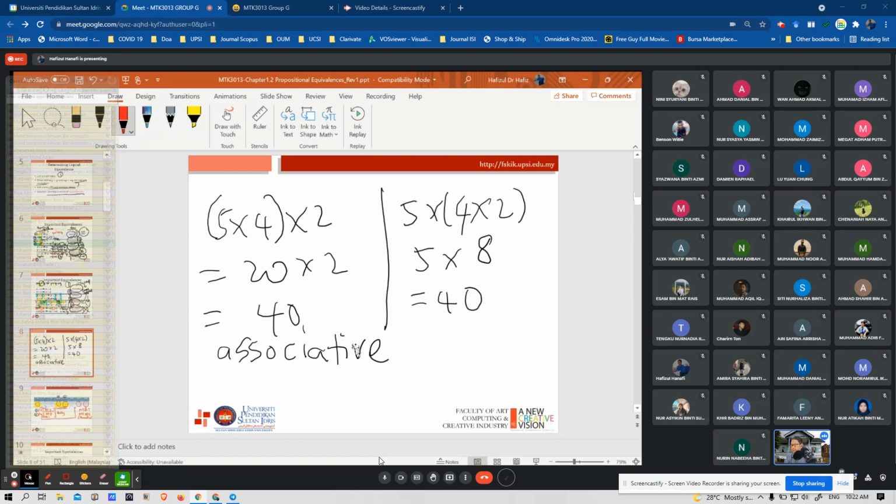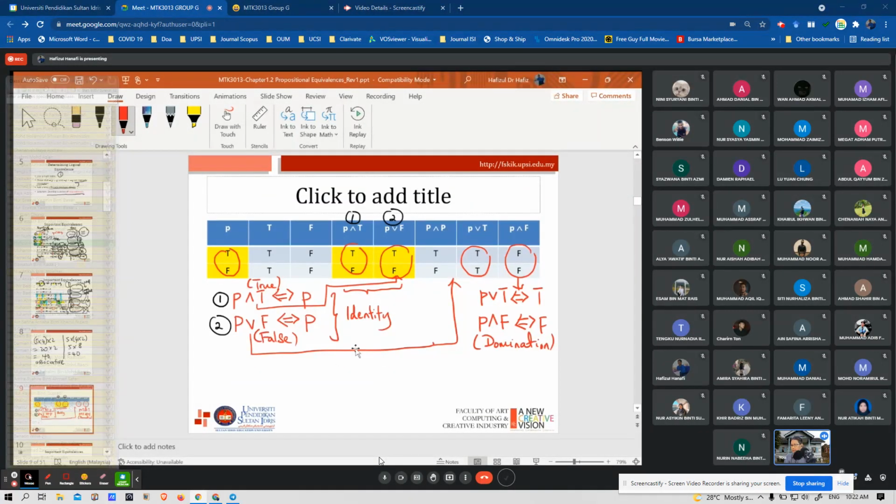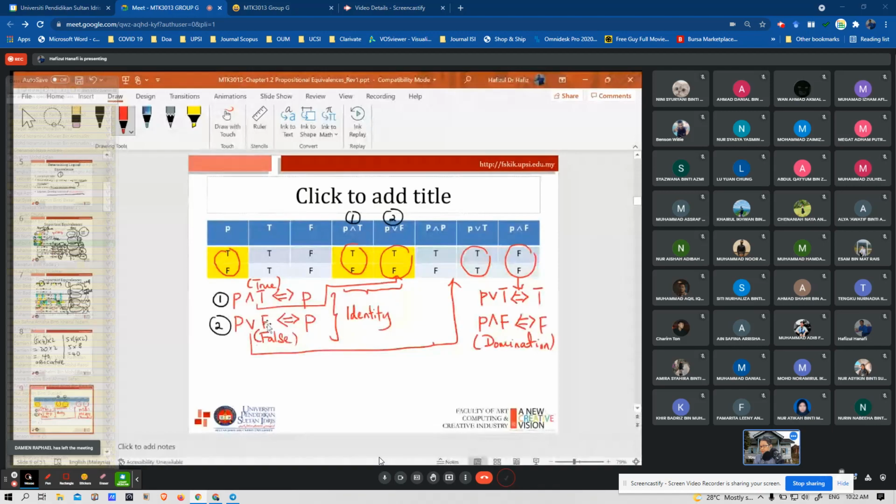Okay, and then this one is the identity. We have true. P and T is equivalent to P. Okay, and then the second one is false. P or F is equivalent to P, is identity. We have 1 and 2.